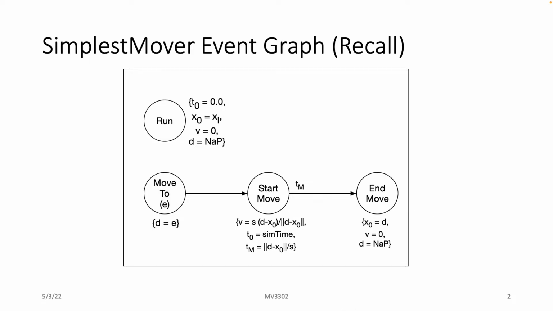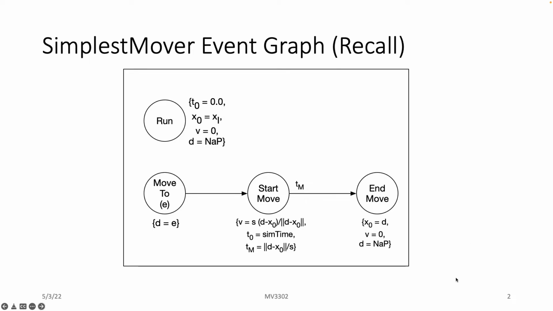So how can we make this do something a little more interesting? By analogy to our simple mover component, which had an arrival event that it did not schedule, and so it needed to be listening for some arrival event, we're going to do something similar to that.